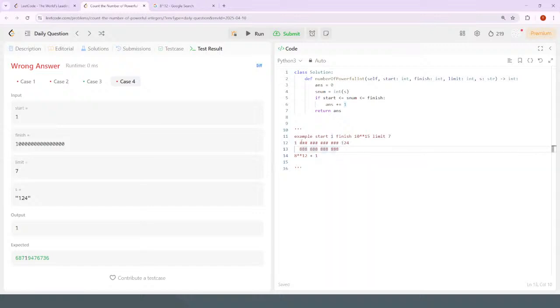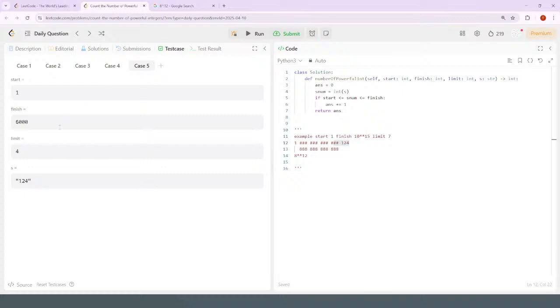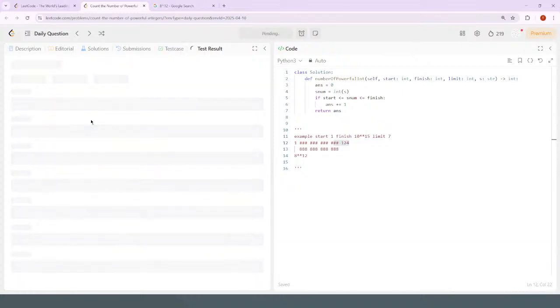So if it was all zeros, okay, let's try if it was 1,000, or let's try 5 digits. Okay, so let's say it was 10,000. So this is 8 times 8.